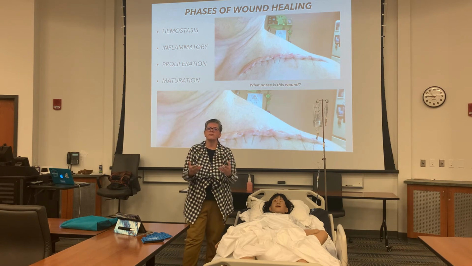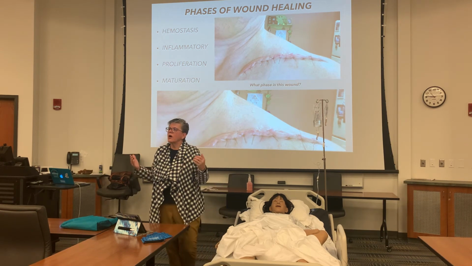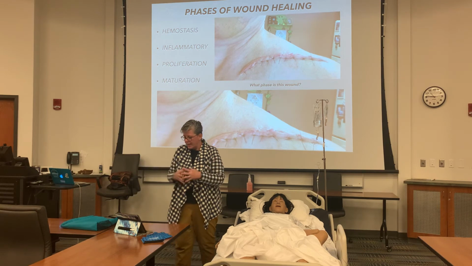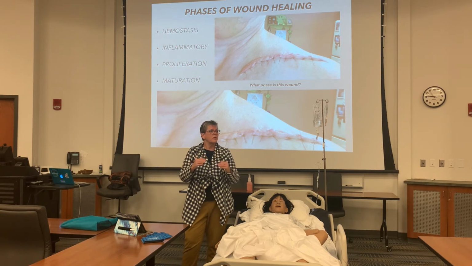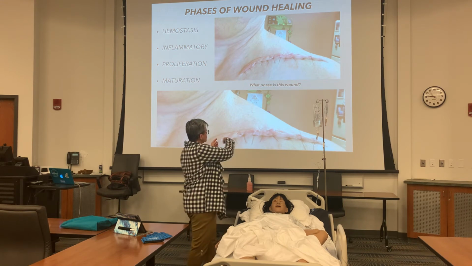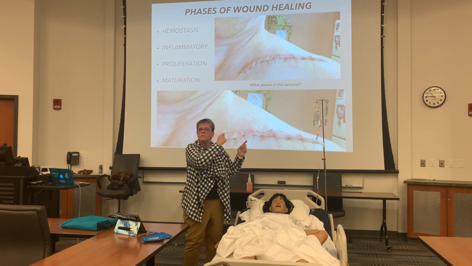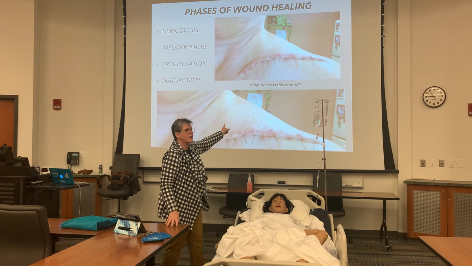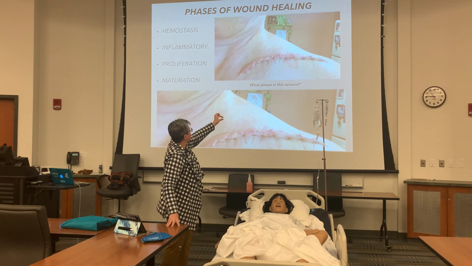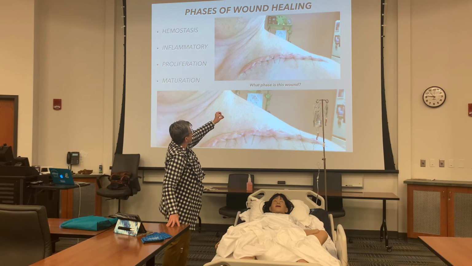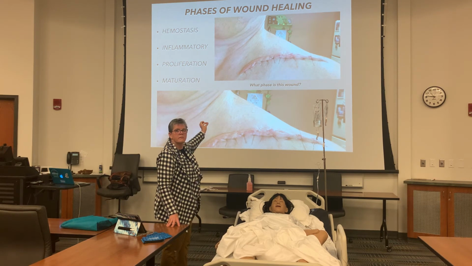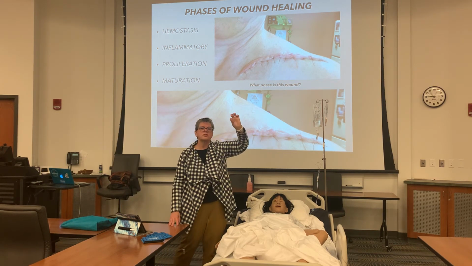Then we have proliferation. This lasts for a couple weeks or so, and during this, the new tissue starts to build. So if they had to suture that up, there's inflammation there. Can you guys see that? Okay, so the raised area, even though there's stitches, there's swelling there. So proliferation starts to take place.